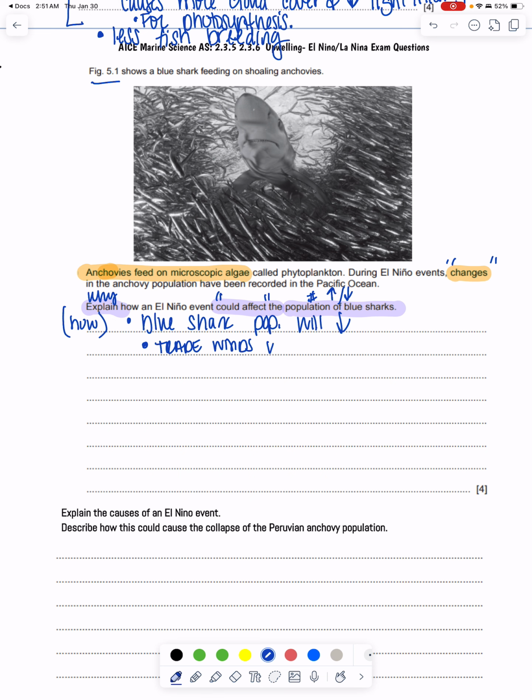Our trade winds weaken, or they reverse. Causing less upwelling, which decreases nutrients.